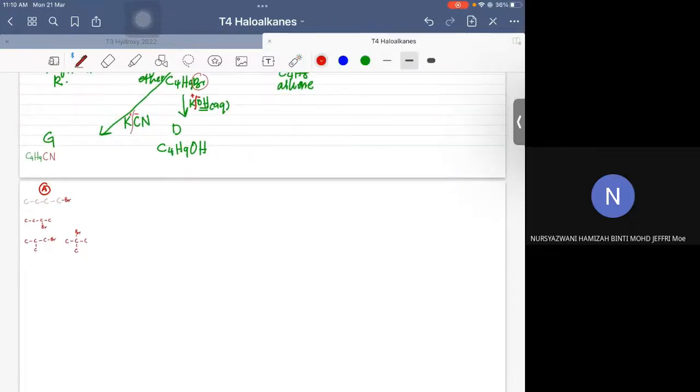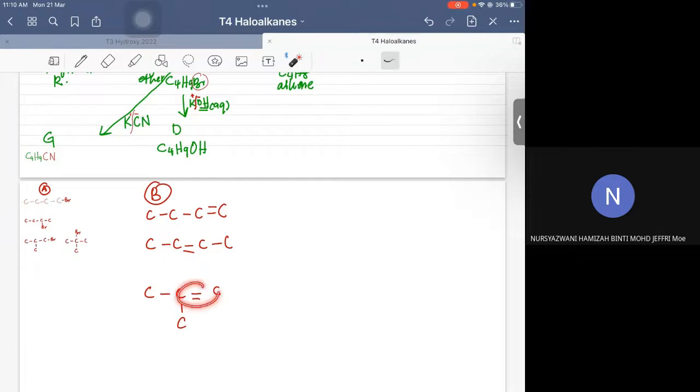Mungkinkah B ini 1, 2, 3, 4 macam ni, double bond dekat sini, atau 1, 2, 3, 4 double bond dekat sini, atau 1, 2, 3 double bond dekat sini. So ni double bond tak kisahlah, sini boleh, sini boleh, sama je dengan yang ni.